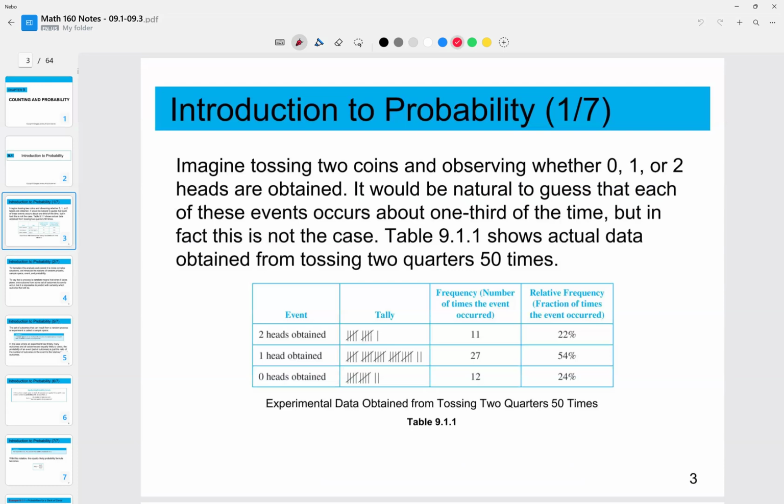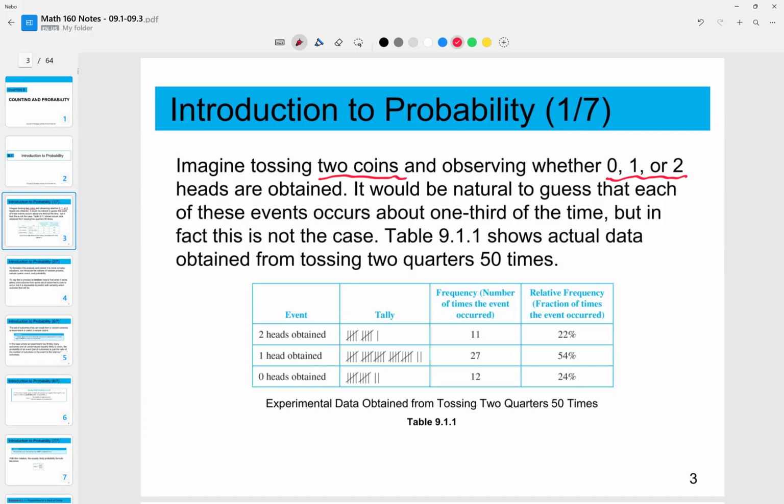Imagine if you had two coins, you could flip two coins and ask yourself, okay, how many heads did I have? Did I have zero, one, or two? And you can imagine that you flip them 50 times and then you count, okay, when I flip the two coins, the two quarters, how many heads came up? This was from actual data run by the authors of the book.